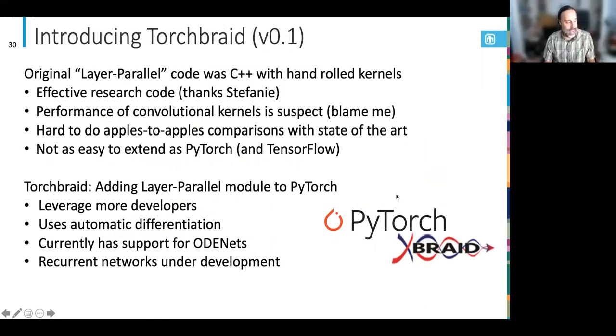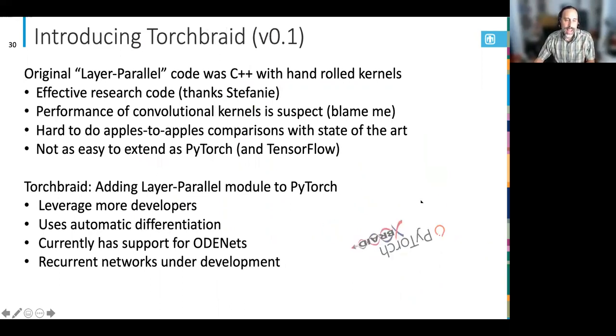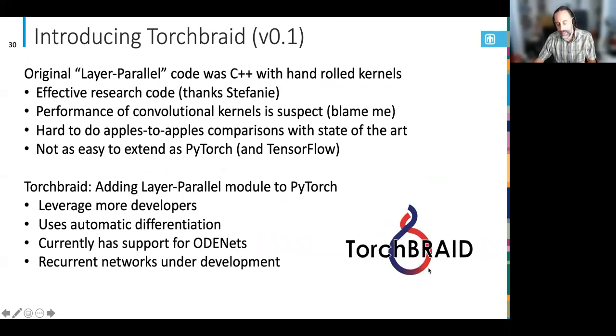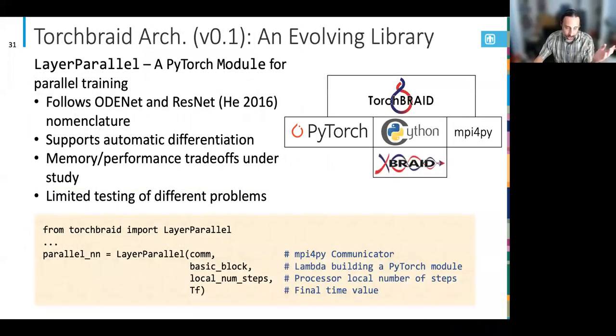So that's the end of the algorithmic discussion. I will say we have a code, we call it TorchBraid, that combines PyTorch and XBraid, and those previous results for recurrent neural networks are based on that. It has a computer architecture, which I'm happy to talk through if you're interested.